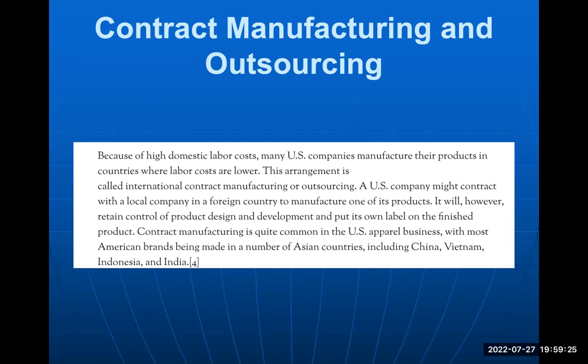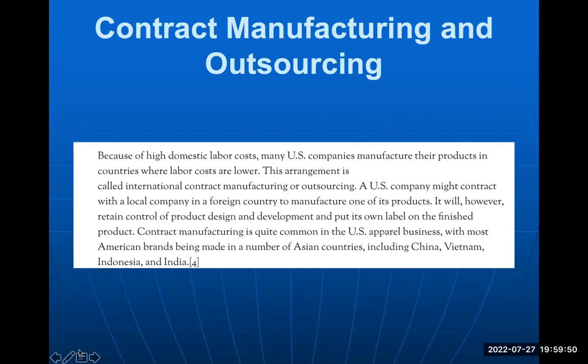A US company might contract with a local company in a foreign country to manufacture one of its products. It will, however, retain control of product design and development and put its own label on the finished product. Contract manufacturing is quite common in the US apparel business, with most American brands being made in a number of Asian countries, including China, Vietnam, Indonesia, and India.